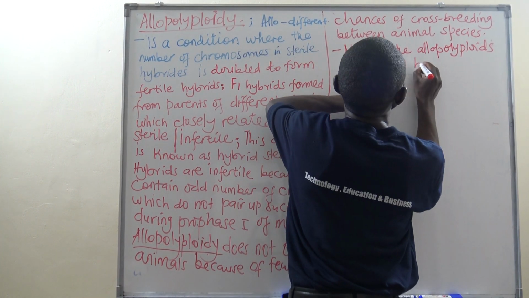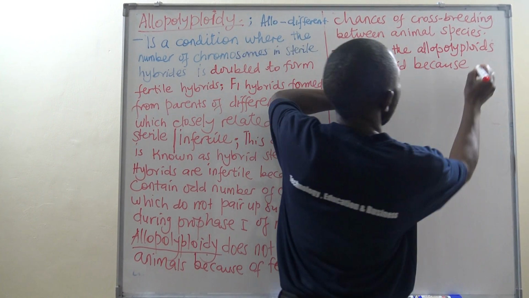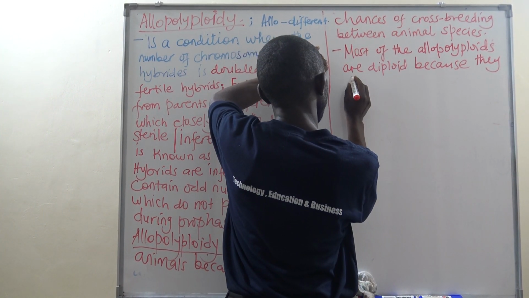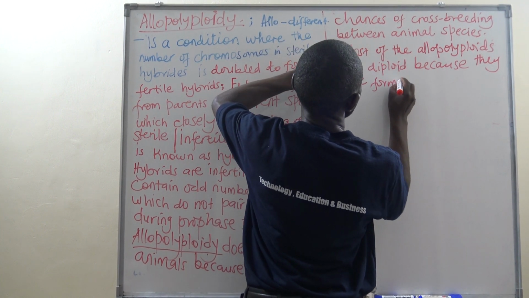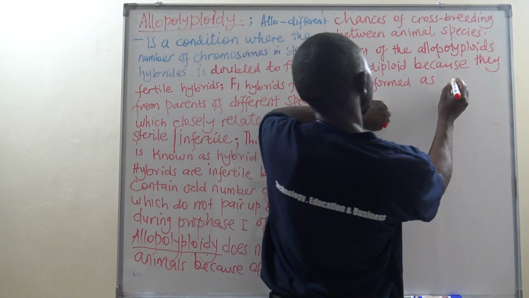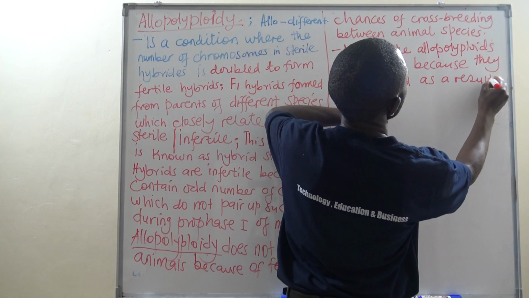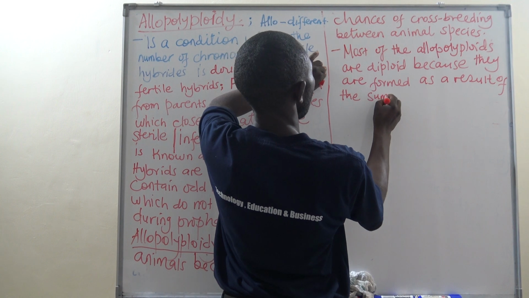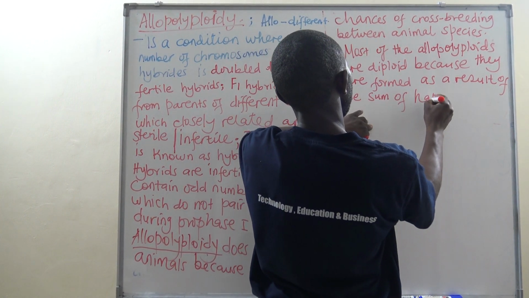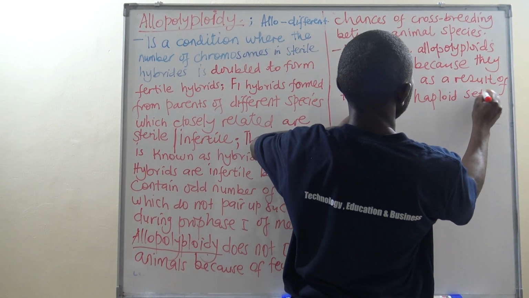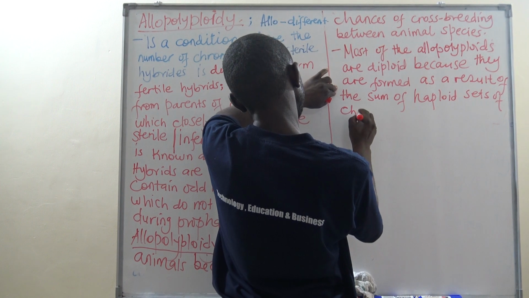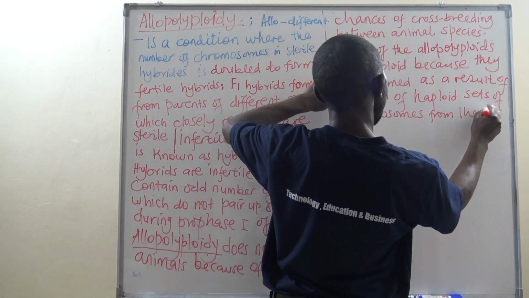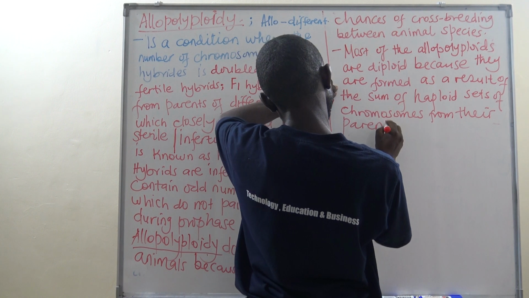They are diploid because they are formed as a result of the sum of haploid sets of chromosomes from their parents.